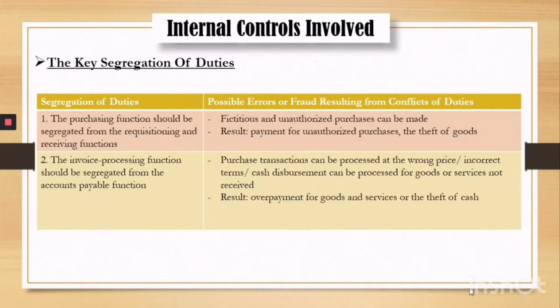Now, I would like to present about the internal controls that are involved in the purchasing process or cycle. Segregation of duties is an essential part of the effectiveness of internal controls for any business. Every duty should be assigned so that no individual can control all the purchasing process by himself, which can lead to fraud or financial misstatement.